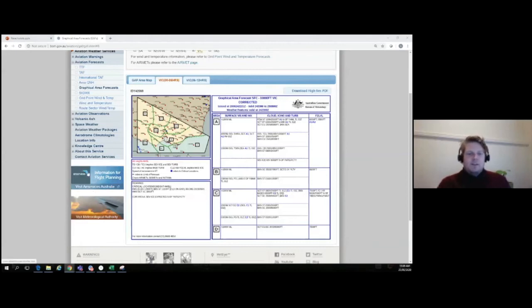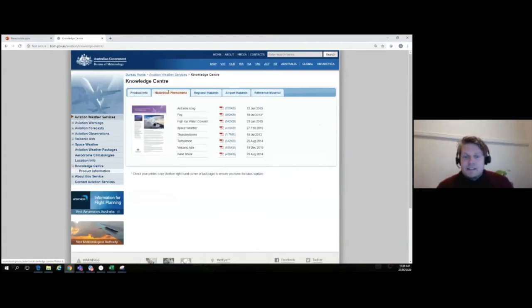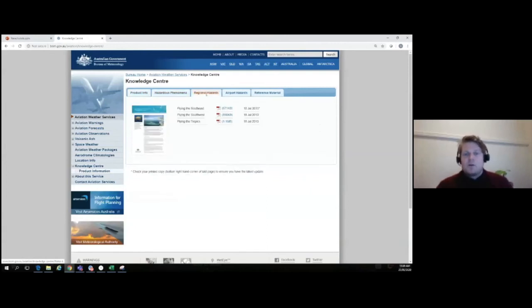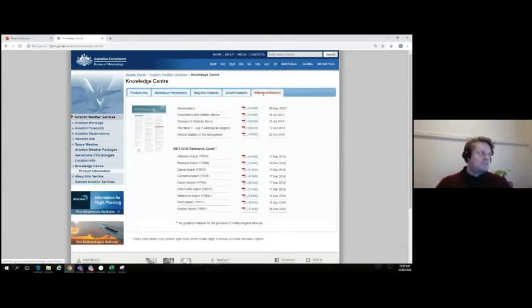And if you go to what we call the Knowledge Center, there's a stack of information in here. Here you can see information about all the products we issue, so how to read them and all that kind of stuff. There's also some pamphlets on specific hazardous phenomena such as thunderstorms.